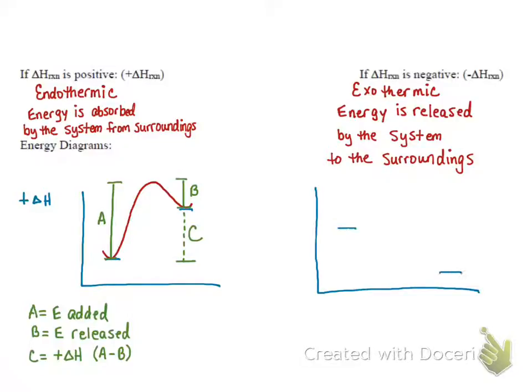The energy diagram, if ΔH is negative, is going to start out higher and end up lower. Again, we have to put energy in to make it happen, so there has to be some sort of activation energy or hill to get over. This distance in the activation energy is A, which is the energy that we have to add.